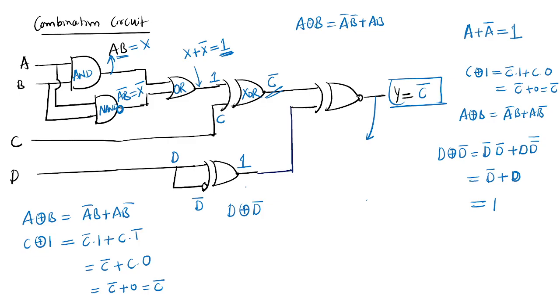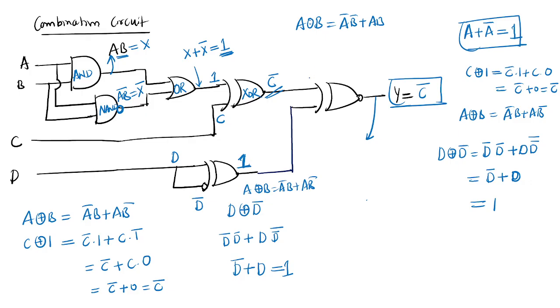A XOR B equals A bar B plus AB bar. So D bar, D bar, D bar plus D, D bar whole bar. D bar whole bar is D, so D and D you can write as D. You know that A plus A bar equals 1, so here you will get 1.